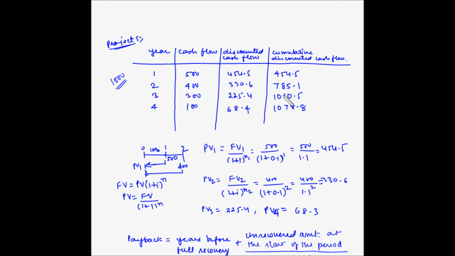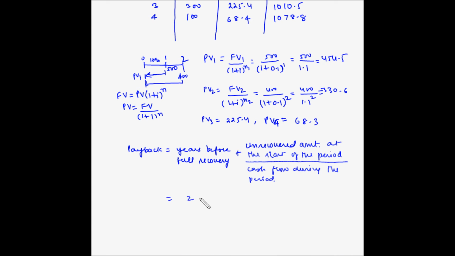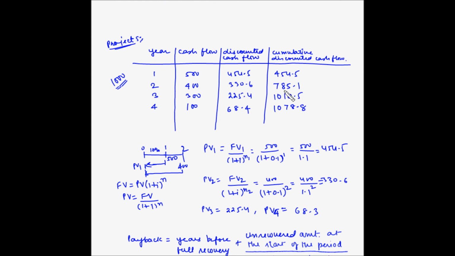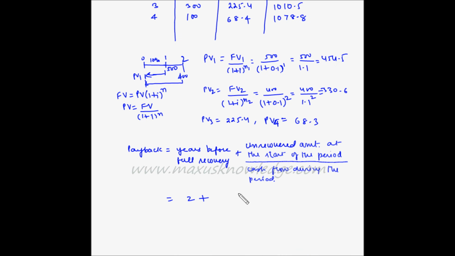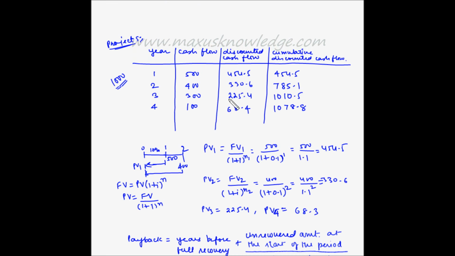So the years before full recovery is 2, so this is equal to 2 plus, now unrecovered amount at the start of the period. So unrecovered amount will be 1000 minus 785.1, because we have already recovered 785.1. So the unrecovered amount is 214.9. And then cash flow during the period. So cash flow during the third year is 225.4.